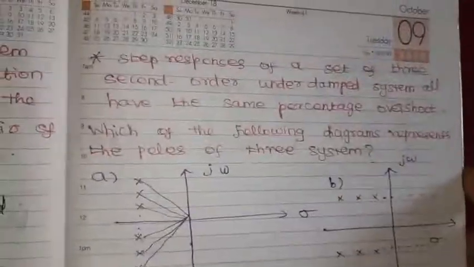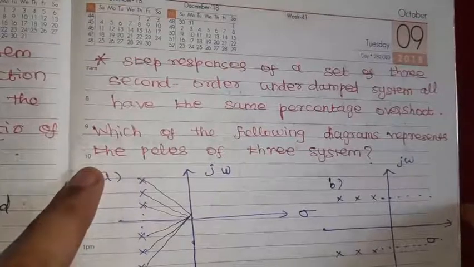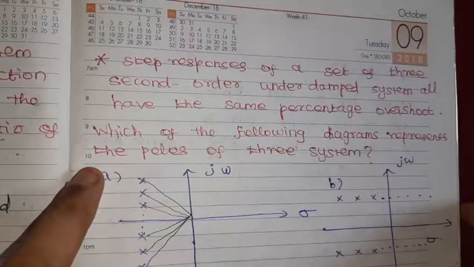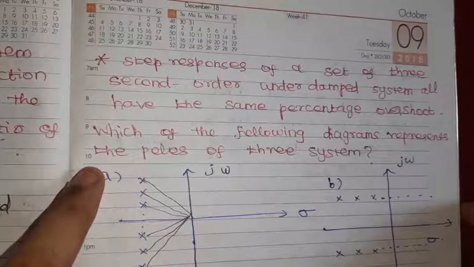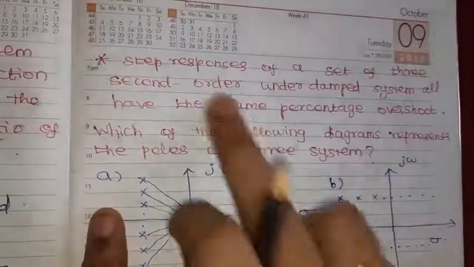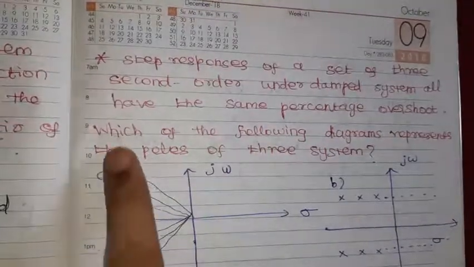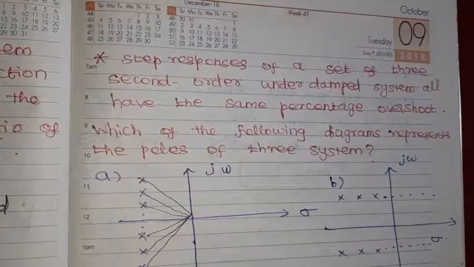Then, step responses of a set of 3 second order underdamped systems all have the same percentage overshoot. What is given? The step responses of the 3 second order underdamped systems all have the same percentage overshoot.